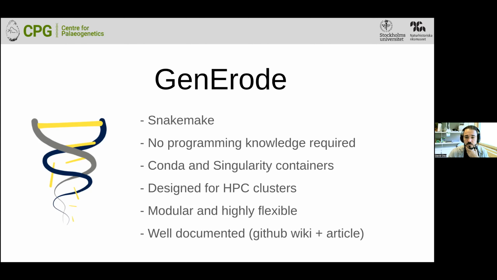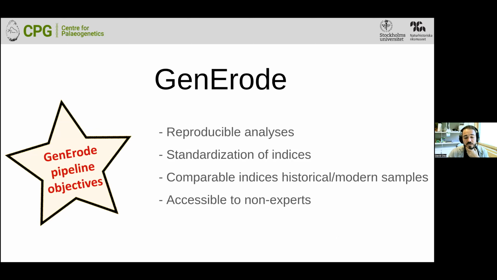So these are the objectives that we wanted to achieve when we developed the pipeline, or some things that we wanted the pipeline to achieve. One of the main objectives was to make the analyses that we do in this pipeline as reproducible as possible, so people can reanalyze the data and obtain the same results using the same settings.